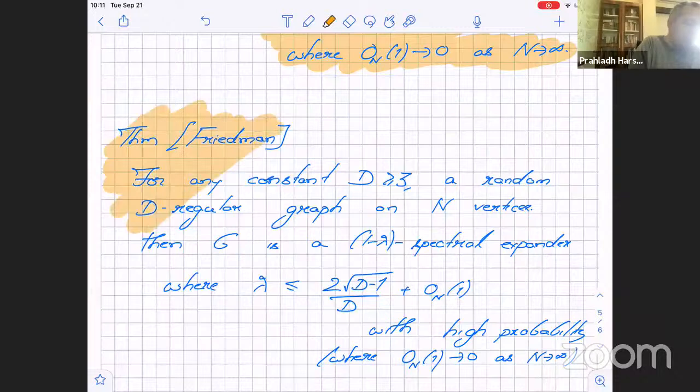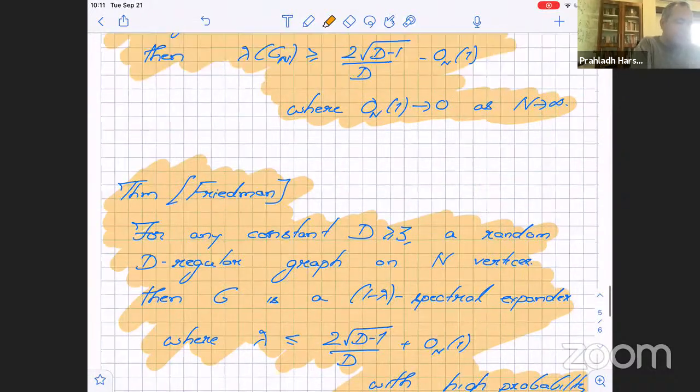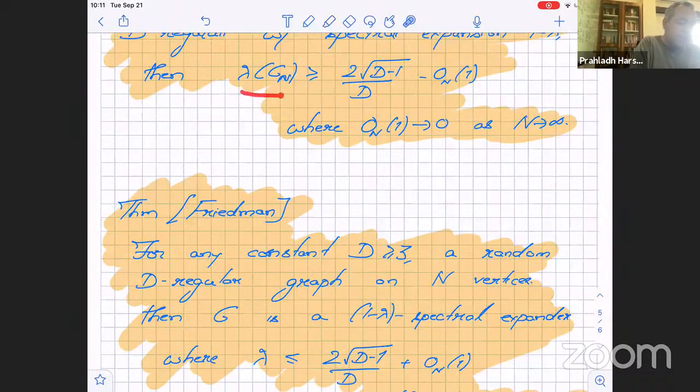So this is the reason why the Alon-Boppana result is important. Alon-Boppana says you cannot make the second eigenvalue smaller than a particular quantity, and Friedman's result states that you can almost get that. Just pick a random graph, it will have this property with very high probability. So this tells you that lambda G has to be larger than this quantity, and this says the random graph will be smaller than this.